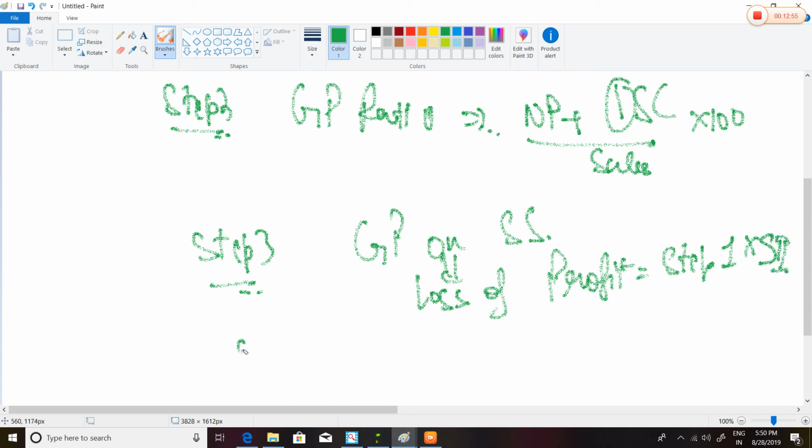Step 4, computation of additional expenses.